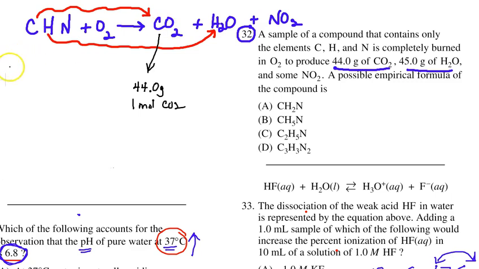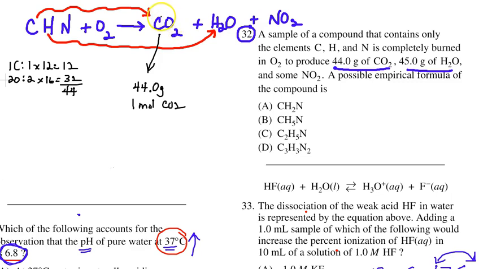And all I did is a formula mass. From the periodic table, 1 carbon is 1 times 12. You have 2 oxygens, 2 times 16, the atomic mass is 32. Add them together, I get 44 grams per mole. Hey, that's the molecular mass of CO2. So I have 1 mole of CO2.